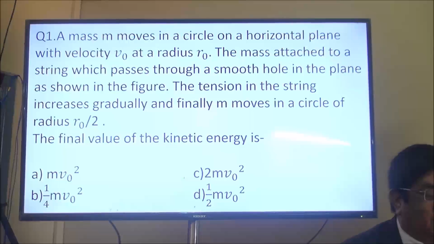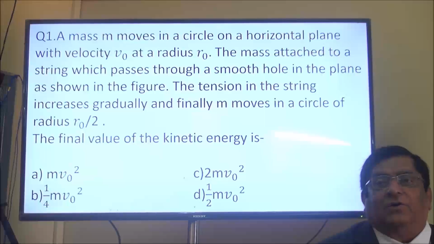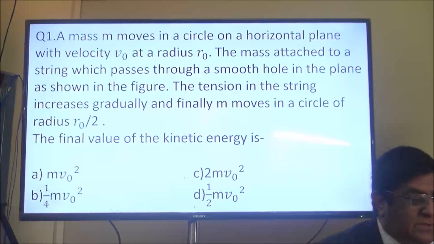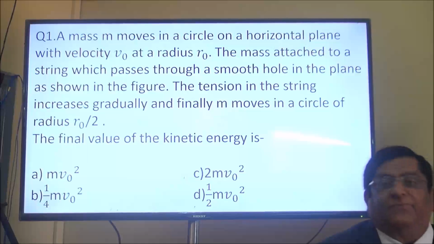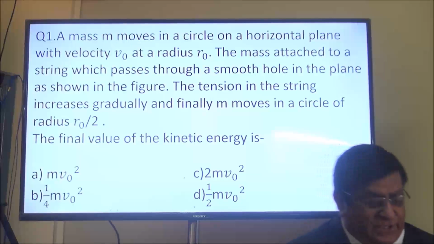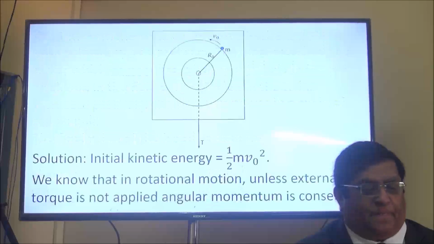The mass is attached to a string which passes through a smooth hole in the plane. The tension in the string increases gradually, and finally m moves in a circle of radius r0 upon 2. The radius decreases. What is the final value of kinetic energy? We are supposed to find out.